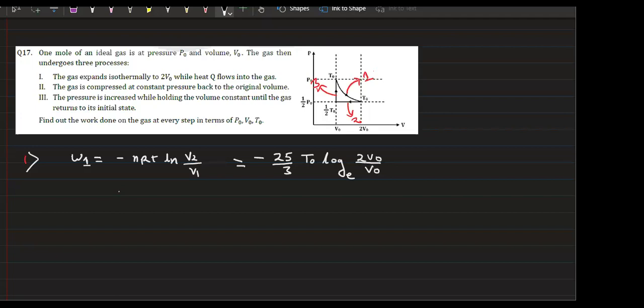Got it, everyone? So this is your log 2 base e. So the answer is minus 25 by 3 T naught log 2 base e. Got it, everyone?